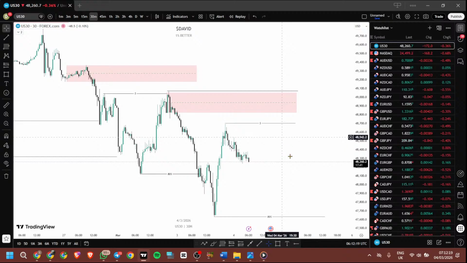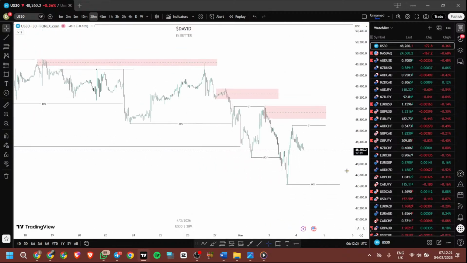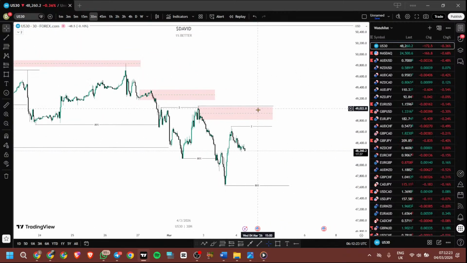Why is it possible? Because it's still in a downtrend. So if we take our Fibonacci tool, right? Highlight this to this. Sorry, supposed to be from up to down in a downtrend. Highlight this zone to this zone.